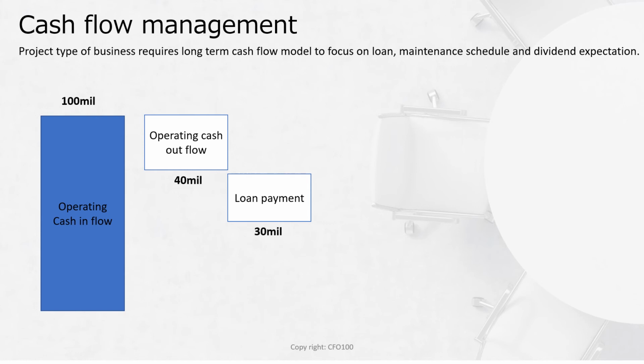Next, you set some amount of money as reserved for future maintenance or a buffer for cash management. After that, you can decide how much amount you can allocate as dividend to shareholders. This is a basic way to manage the project type of business cash waterfall.